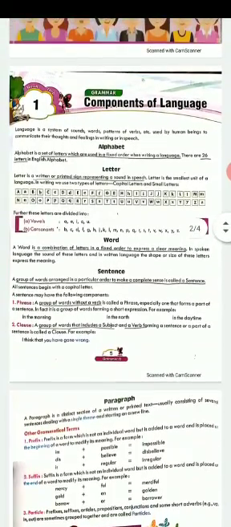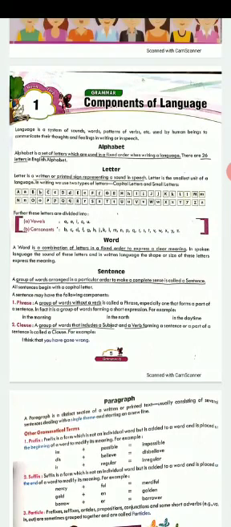And the second part is clause. Now, clause is a group of words that includes a subject as well as a verb. That becomes a part of a sentence. Now, you may have a question that when a clause has a subject, it has a verb. Then a sentence also has a subject and a verb.